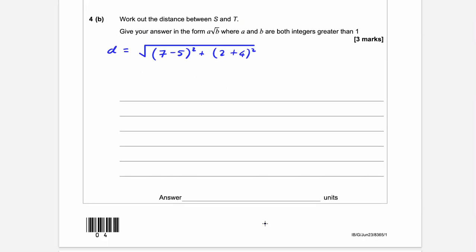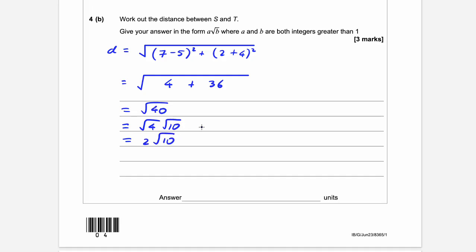Okay, now I'll move down. This is then equal to the square root of 7 minus 5 is 2, so it's 2 squared, which is 4, plus 2 plus 4 is 6. 6 squared is 36. So this is equal to root 40. And he wants it in this form. Well, root 40, guys, is, if I take out the square number, root 4 times root 10. And root 4 is 2, so 2 root 10.